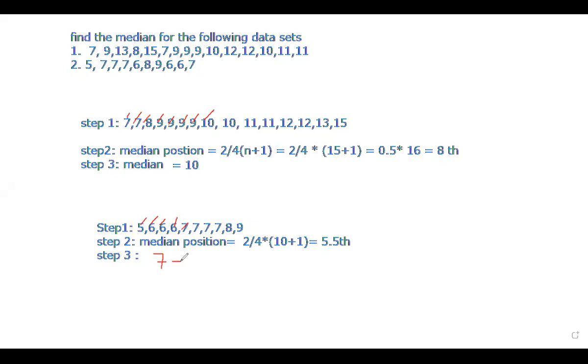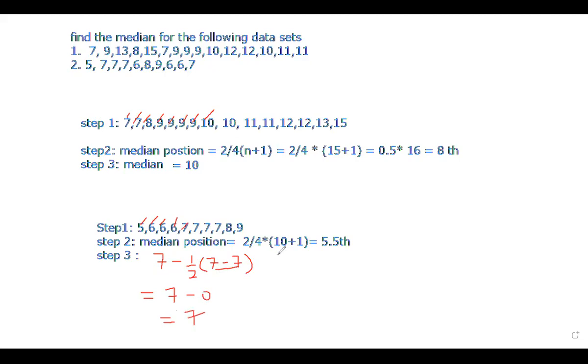Then we add the 6th position too, which is 7. Very good. So that will be 7 minus half into brackets, the 6th position minus the 5th position. So 7 minus 7 is 0. So this will be 7 minus 0, which is equal to 7.